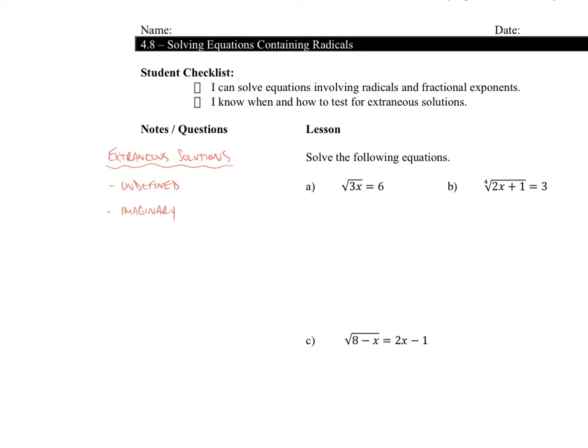So if we finish solving and we get a number, and then we test that number in the original equation, but it turns out that by testing that number we get something that's undefined, like a number over 0, or we get something that's imaginary, like the square root of a negative anything, then we're not going to count these as solutions. They're extraneous solutions.